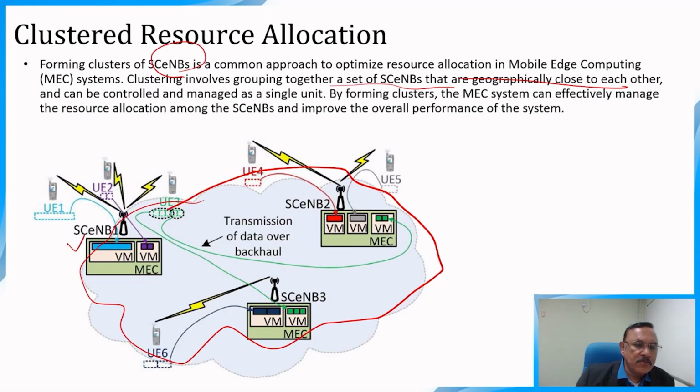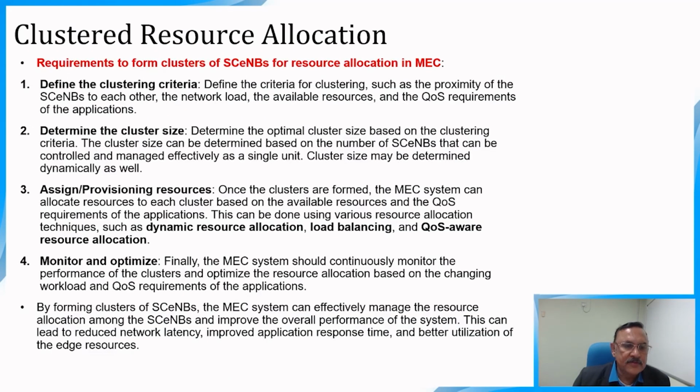So, SCENB1, SCENB2, SCENB3 together are being clustered and can be controlled and managed as a single entity. Forming clusters can manage the resource allocation among SCENBs and improve the overall performance of the system. So, clustered resource allocation requires forming the cluster, defining the clustering criteria, defining the cluster size, assigning the provisioning resources, monitoring and optimizing.